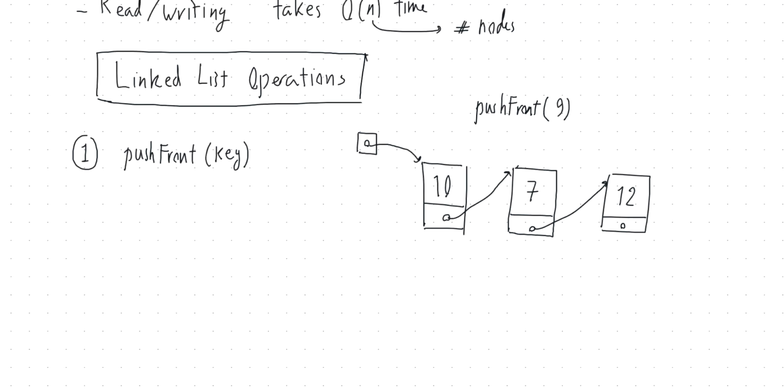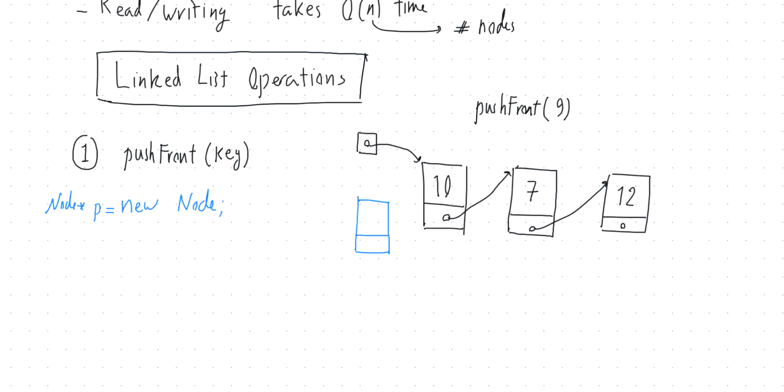The first thing that you need to do is create a new node using dynamic memory allocation, using the new operator. So you say new Node, create me a new node, and it returns a Node star that I'm going to call P or PTR.